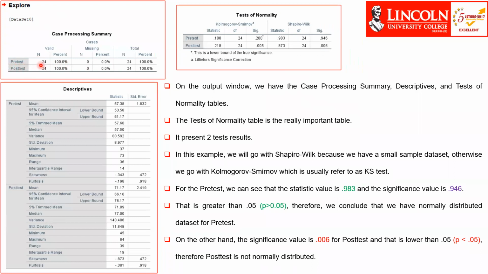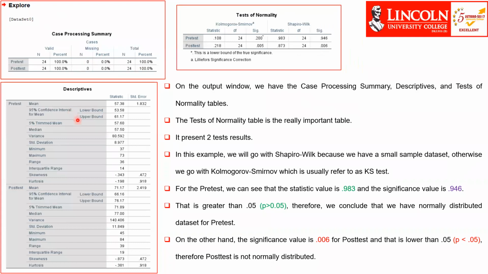You have the total number of cases, and all are 100% because there's no missing value. We don't have any missing entries, so the total will remain the same. If we have any missing value, it will be shown here.